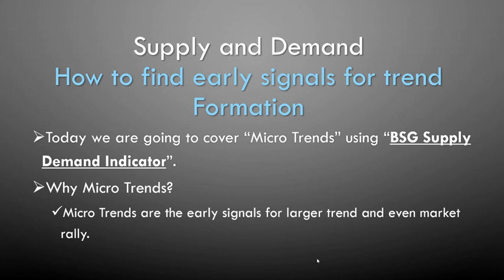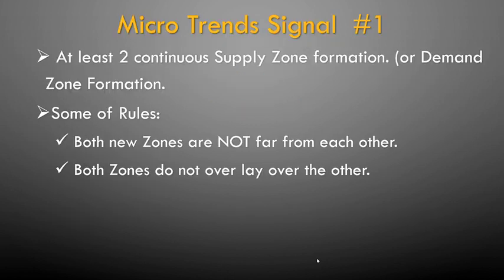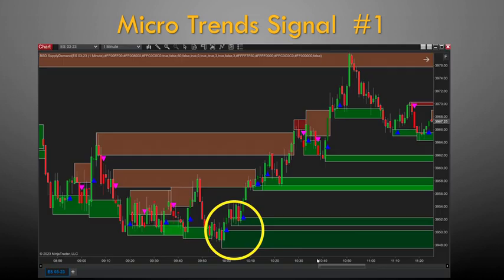Basically, we want to find the trend that's starting to form, get a second confirmation based on that trend, and then enter. Micro trends are the early signals that could lead to a larger trend and even a market rally.